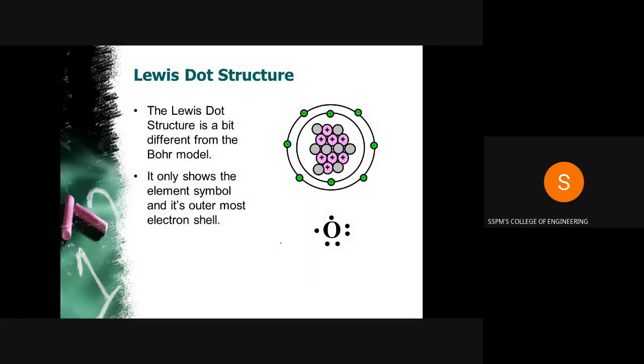Here is work for you: write the Lewis dot structure for CH4, or for C, then lithium. Write only the outermost electrons, the electrons present in the outermost shell.